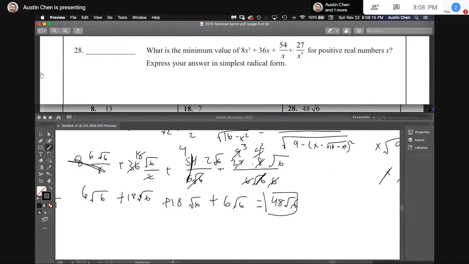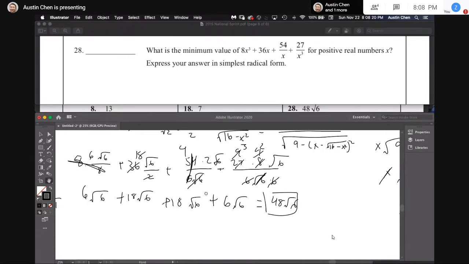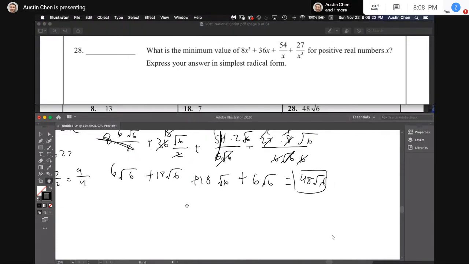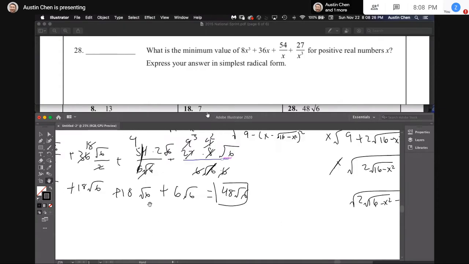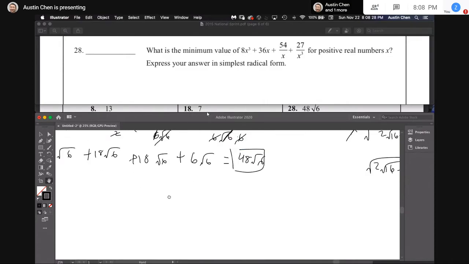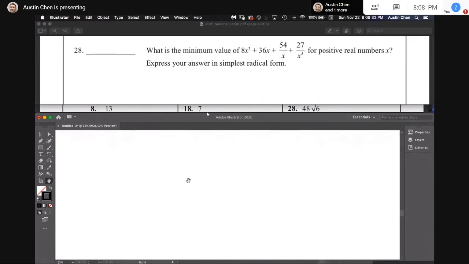So this really wasn't too bad if you just knew calculus. But we'll also tell you a way where you could do it without calculus. And it's pretty cool. If you have something like ax to the n plus b over x to the n, the minimum of this function will always be when ax to the n equals b over x to the n.